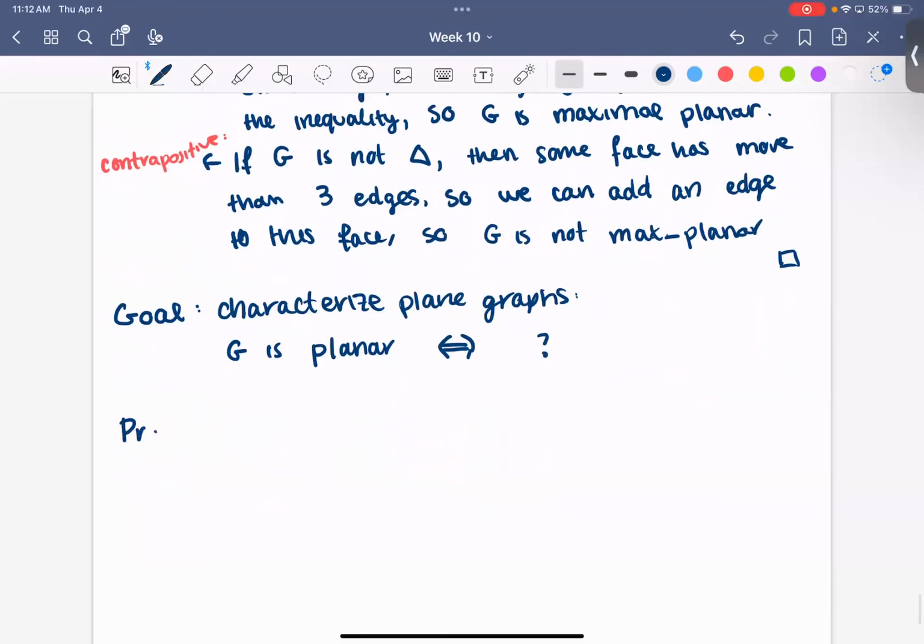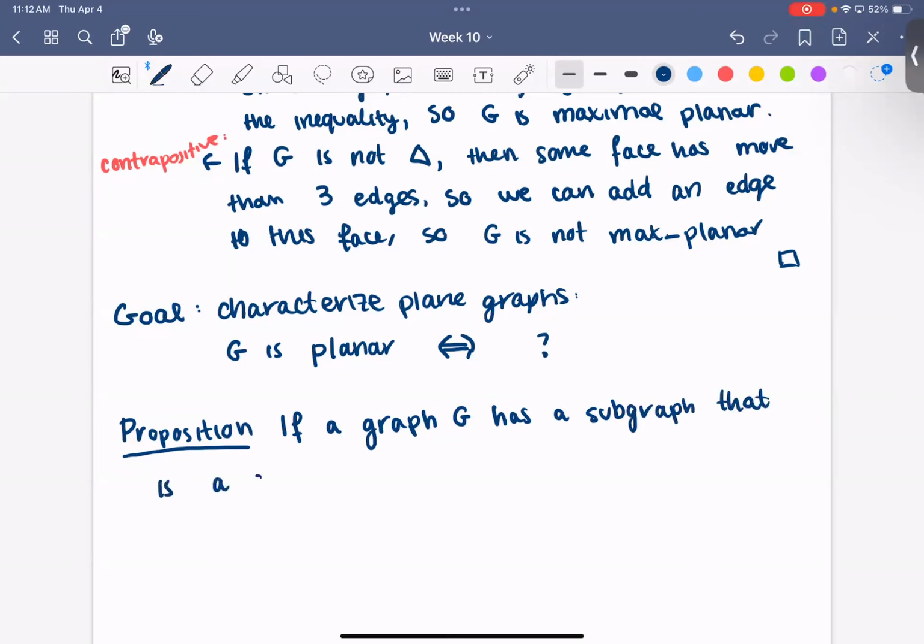So here's a proposition. It says that if a graph G has a subgraph that is a subdivision of K5 or K33, then G is not planar.